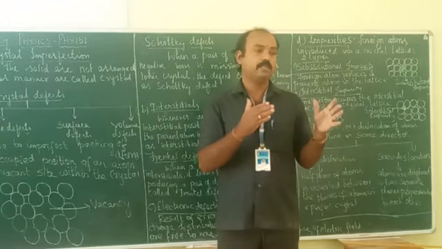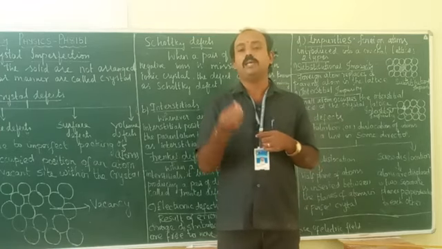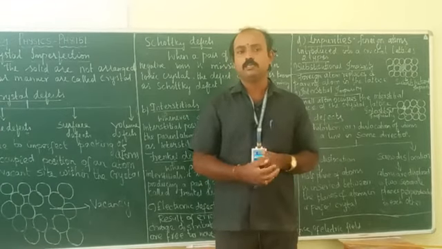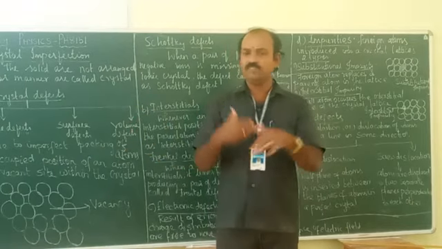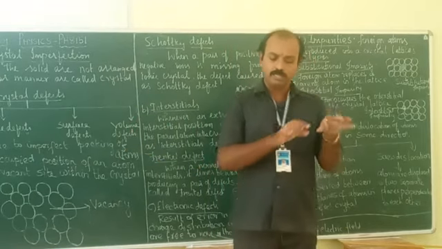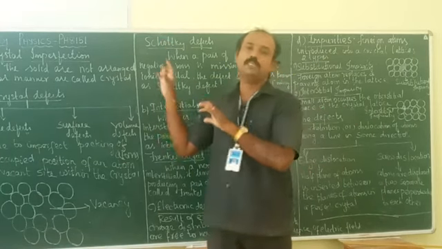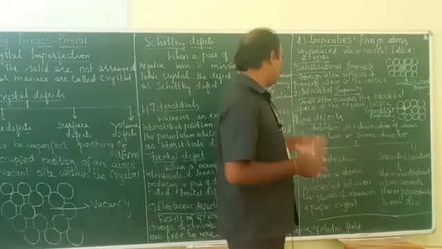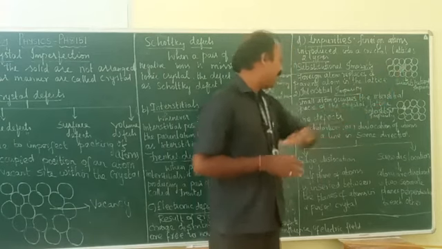Point defect means any one atom is misplaced or missing and substituted by impurities and so many factors. Line defect means one entire line of atom arrangement is removed or dislocated. That is distortion or dislocation of atoms in the line.